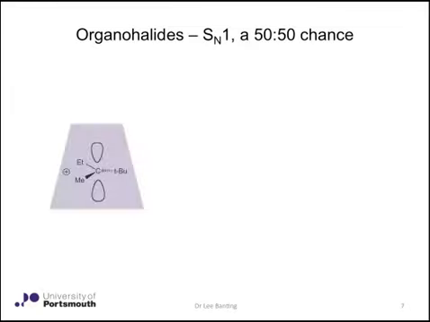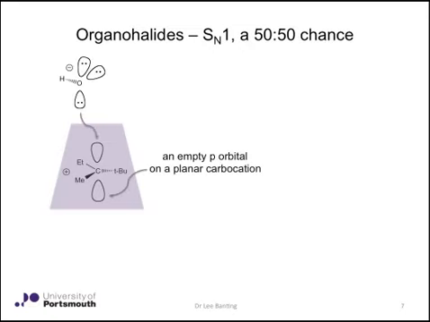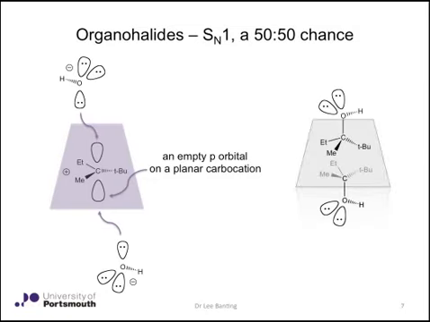The species is flat, therefore the OH group can attack from above as equally as from below with no differentiation, and therefore we result in two enantiomeric species. This is a racemic mixture, and you've met racemic mixtures with Dr. Ball before.